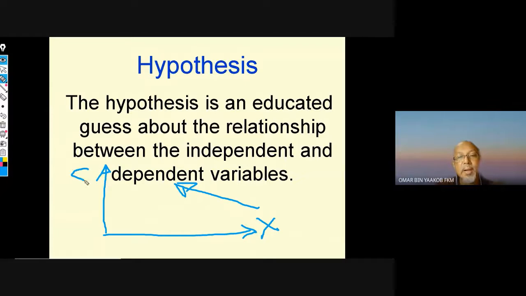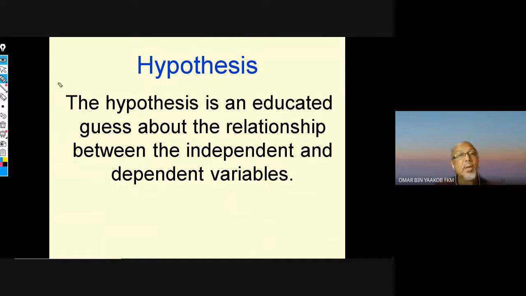The size of the bread will be dependent. So you're going to have some curve like that. You vary the amount of sugar and you put the size of bread there, the results. Okay. Now we can go on.